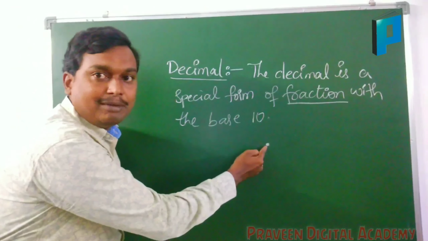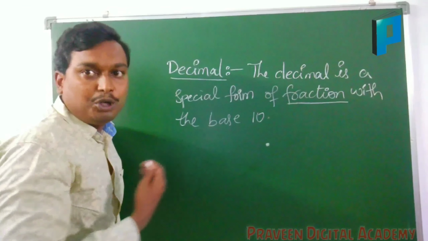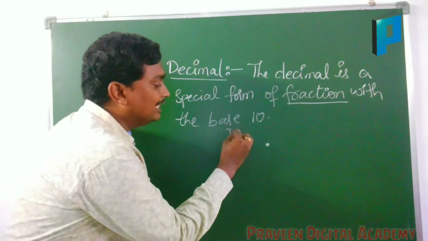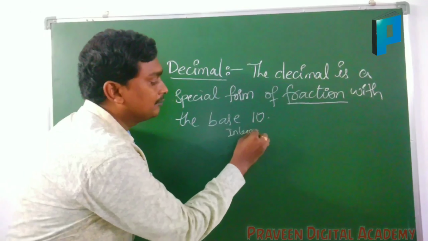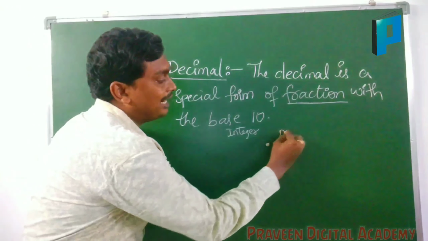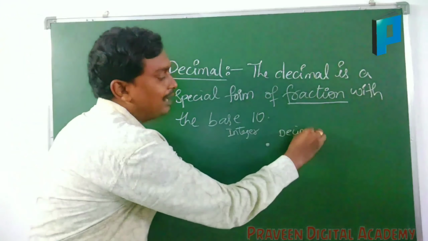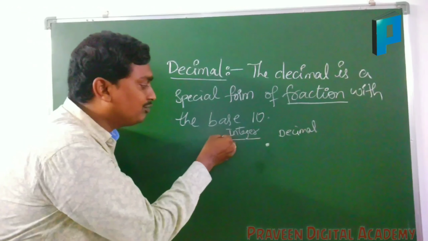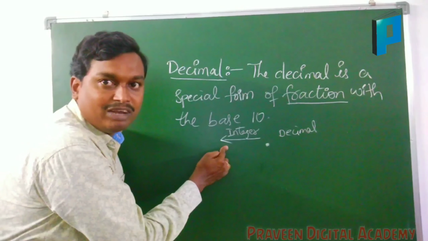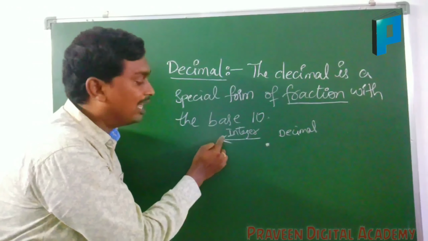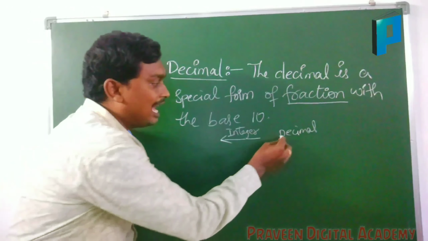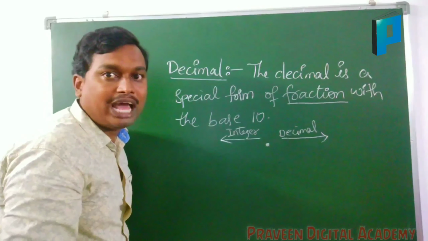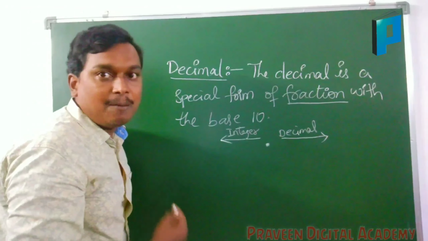Here a decimal will have two parts. The first part is called the integer part and the next part is the decimal part. The numbers on the left side of the decimal point are called the integer part, and the numbers on the right side are called the decimal part.